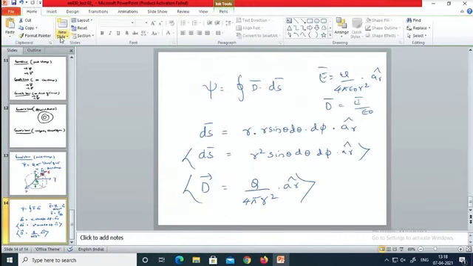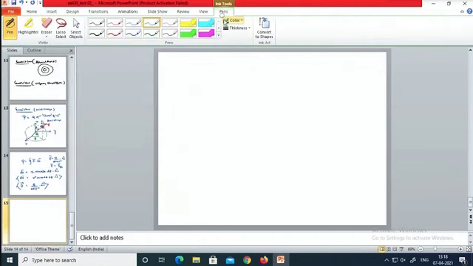So therefore my limits will be like this. Phi is equal to the closed loop integral of D vector dot dS vector, with the azimuthal angle ranging from 0 to 360 degrees, or 2 pi. I write it as 2 pi, and for theta, it is half angle, so it is 0 to pi.